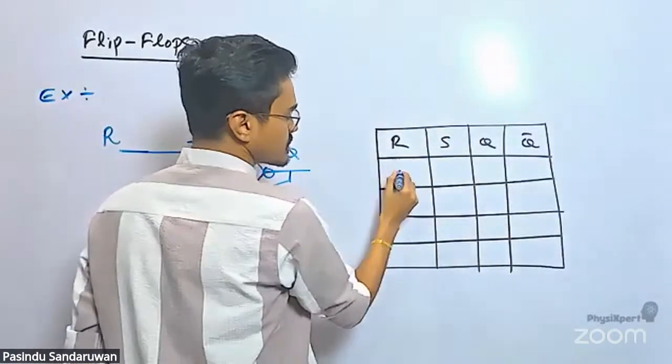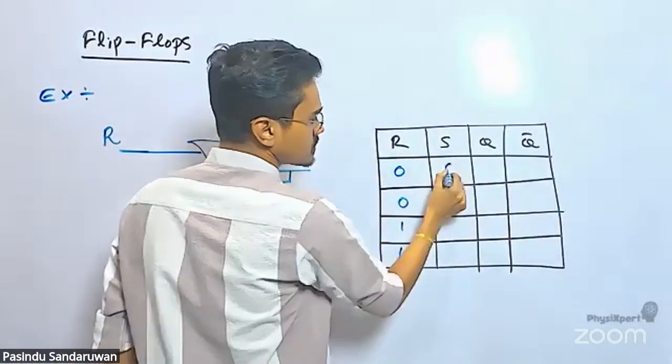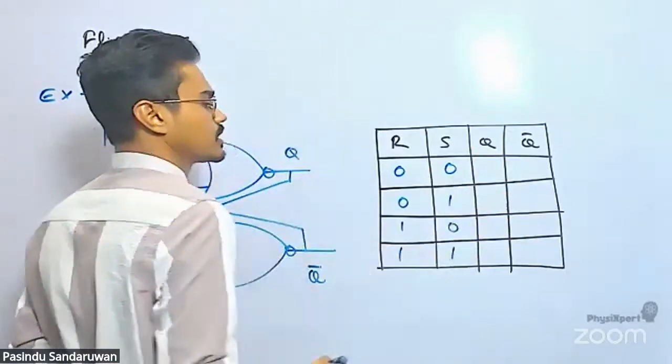Right? Now this is 0, 0, 1, 1, 0, 1, 0, 1. I need these 4 lines.